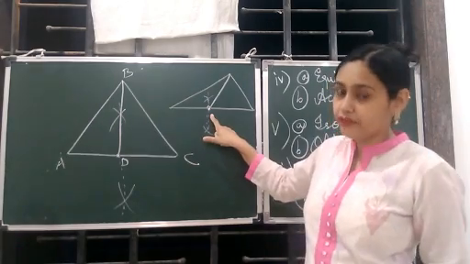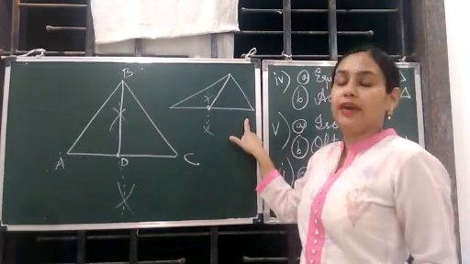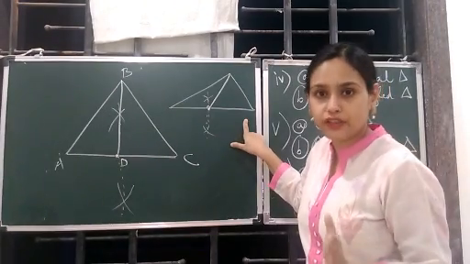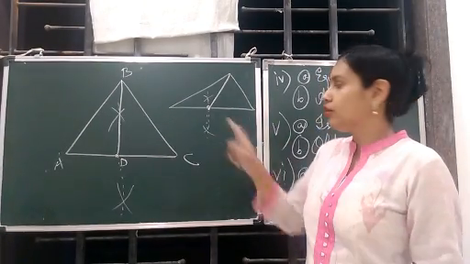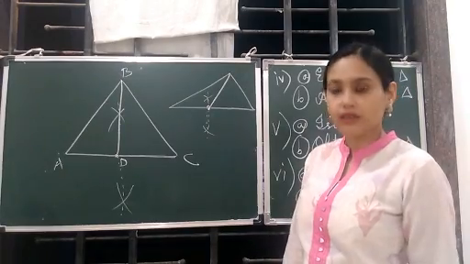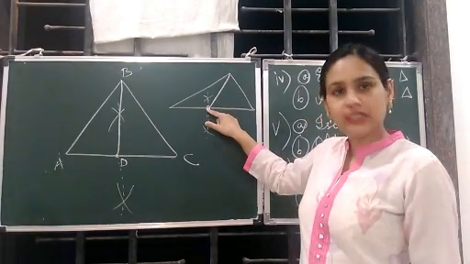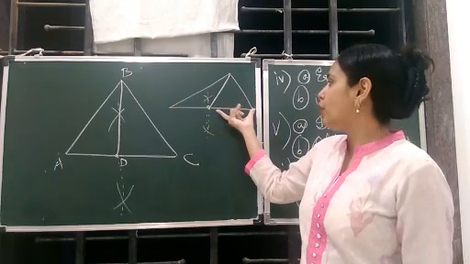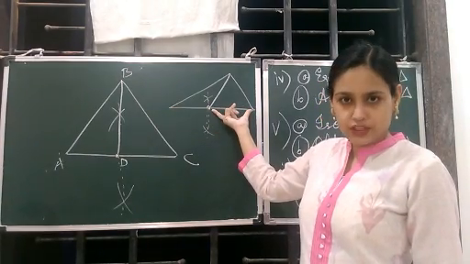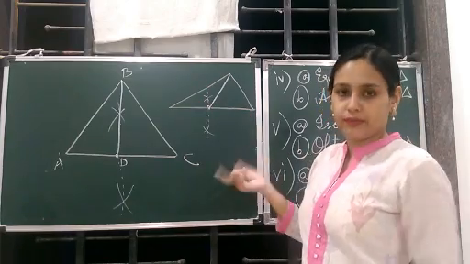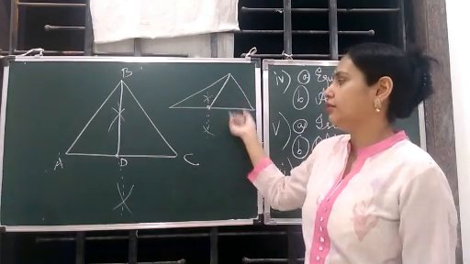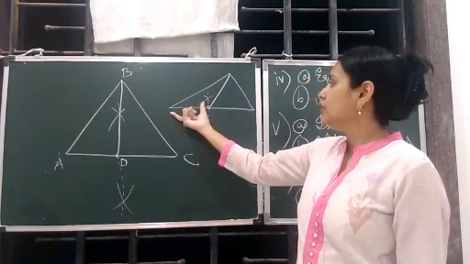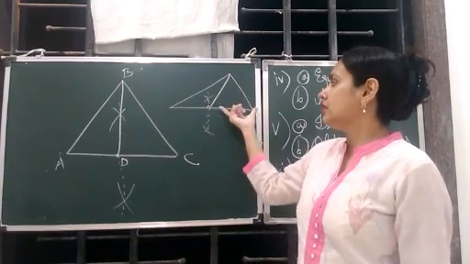How to find the median? Very simple. Find the perpendicular bisector of the base. Use a compass to find out the perpendicular bisector, and then you get the point of intersection. This part will be obviously equal to this part. Okay, I have not used a rounder, so it may not be same. So this is equal to this.